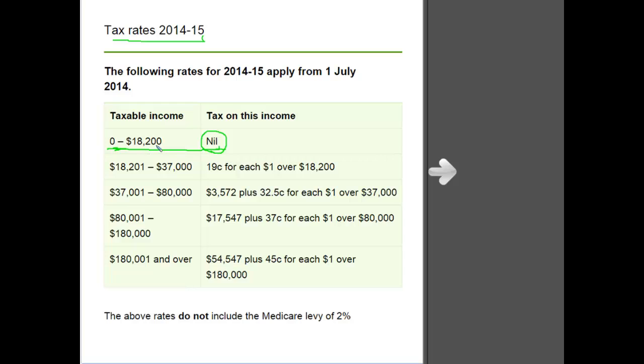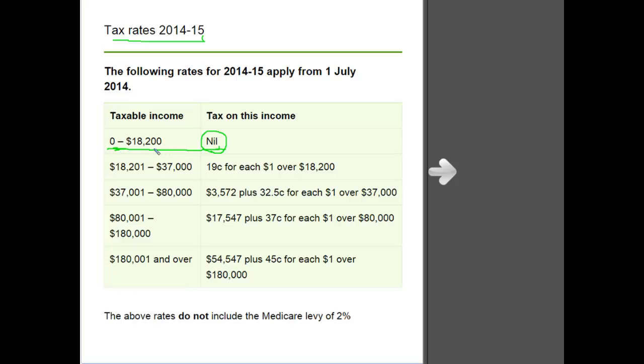So whether you might only get $10,000 or you might be earning $200,000, on that first $18,200 you pay no tax. You get that free, basically. That's gone up over the years because people are starting to earn more money. It used to be for a long time only about $6,000, which was not really fair on those poor people who didn't make much money.